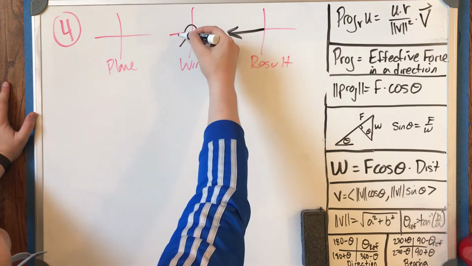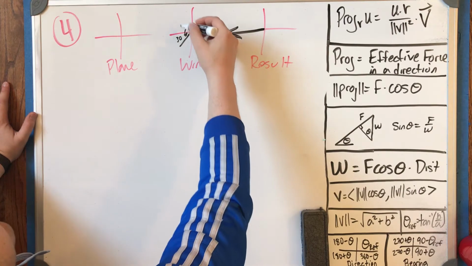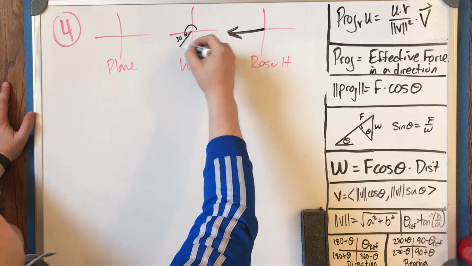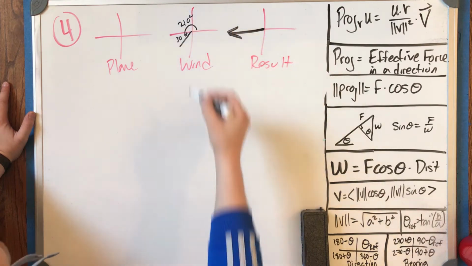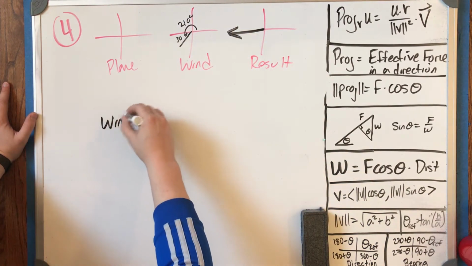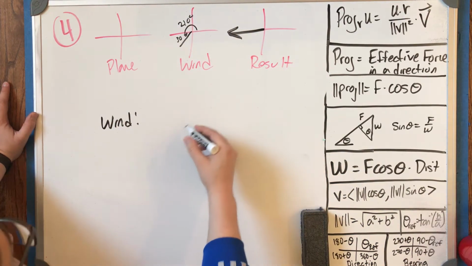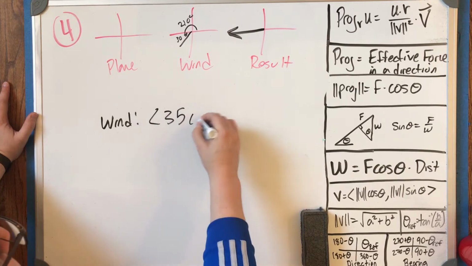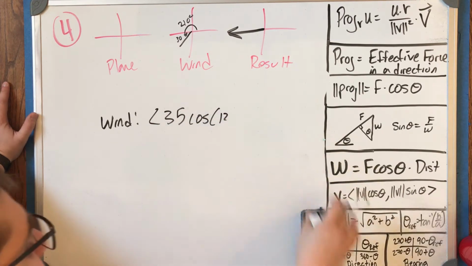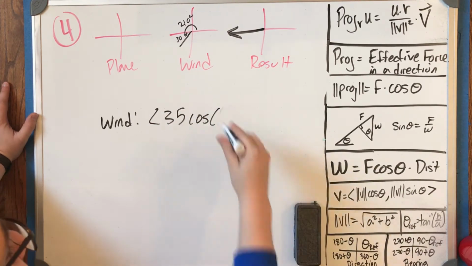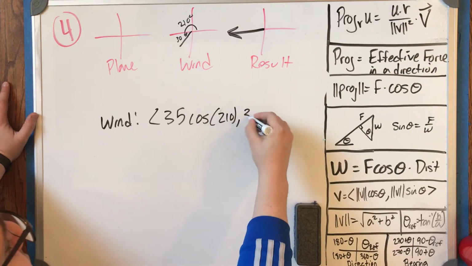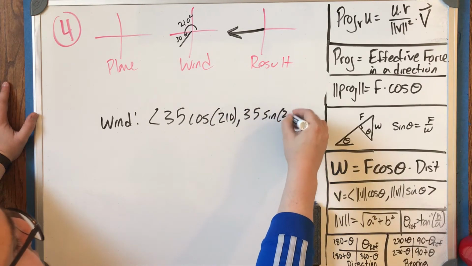And it had 30 to go to get there, so this is going to be at 210 degrees. All right, so I'm going to write that one first because I can. Wind is 35 cosine 210, not 120, 210, 35 sine 210.